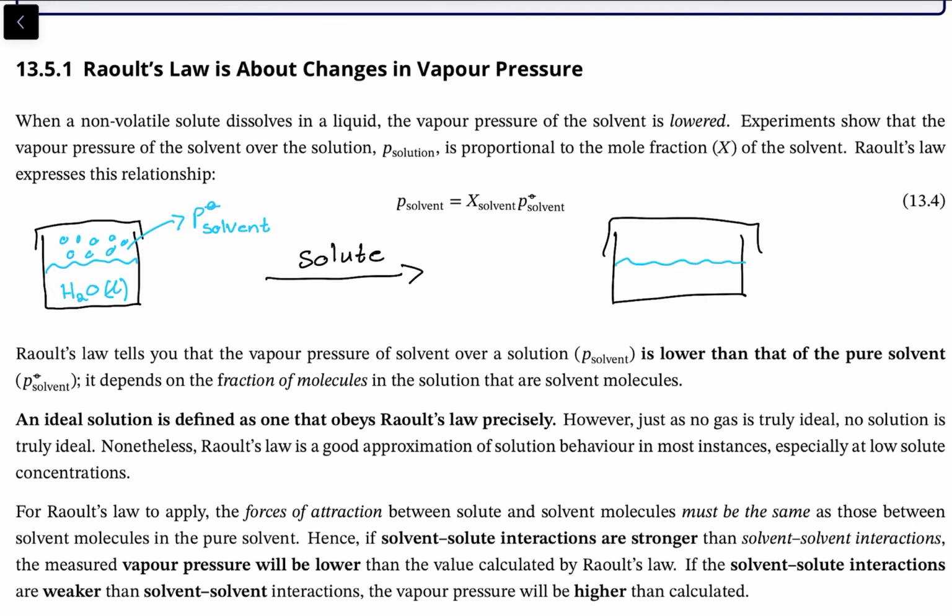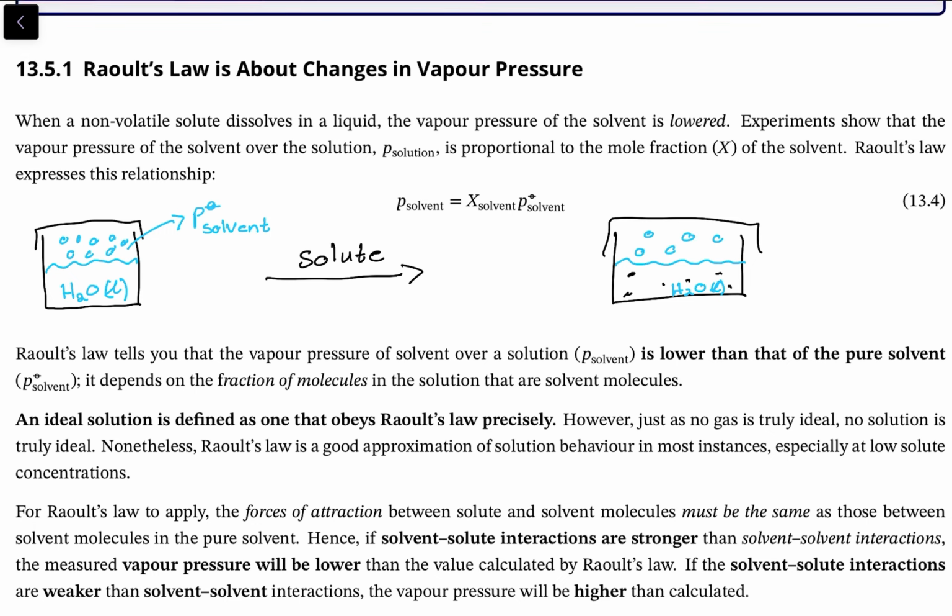What can you expect to happen once this solute has now been dissolved at the bottom here? There's still liquid water over here. What happens with the vapor pressure? Maybe jumping the gun, what happens is the vapor pressure decreases.